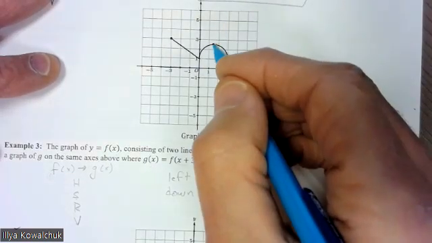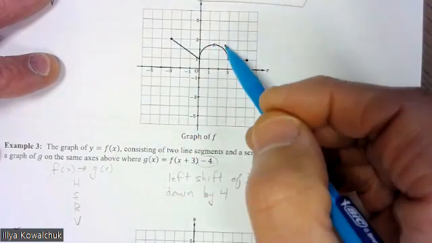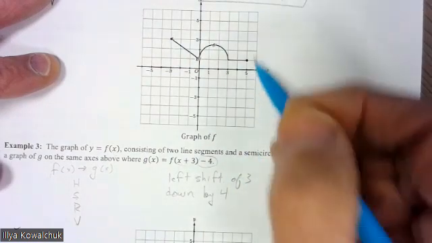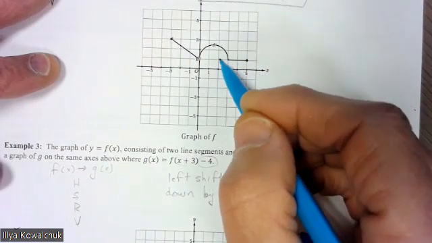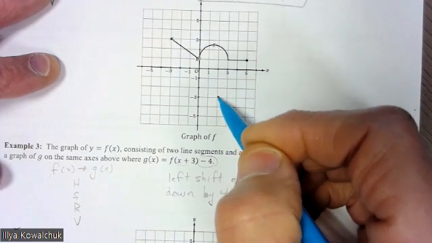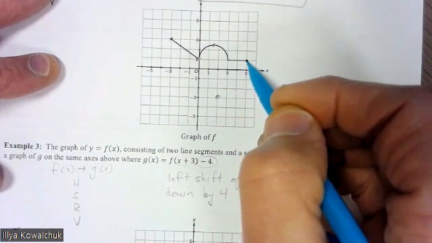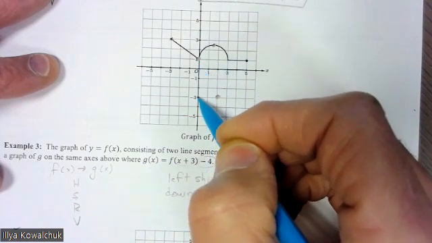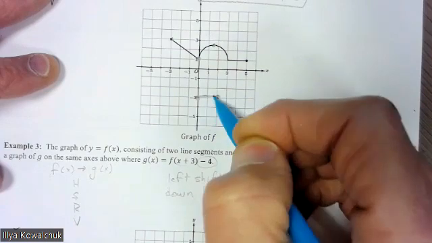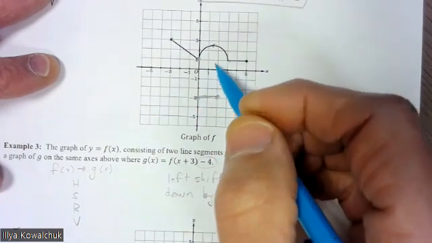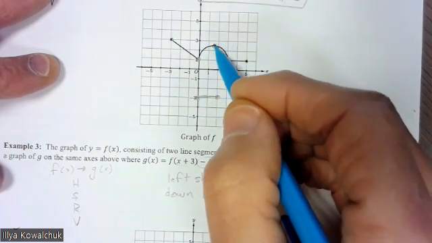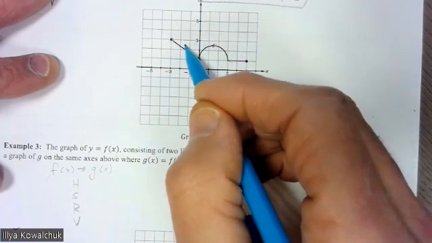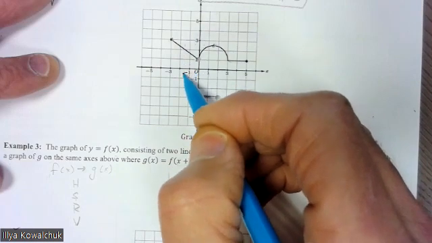Okay. So all I'm going to do on this is each of these points here, here, and then I'm going to pick one like right up here at the top, so I know how high my semicircle is, and this one and this one. I'm going to do left and then down. So left by 3, 1, 2, 3, down 1, 2, 3, 4. Okay. Here, left by 3, 1, 2, 3, down 1, 2, 3, 4. Well, that's good. They're at the same height because they're at the same height here. And now I go from here, I'm going to go 1, 2, 3, down 1, 2, 3, 4.